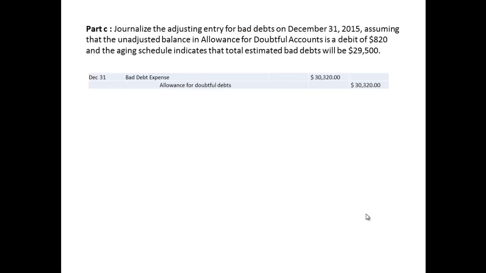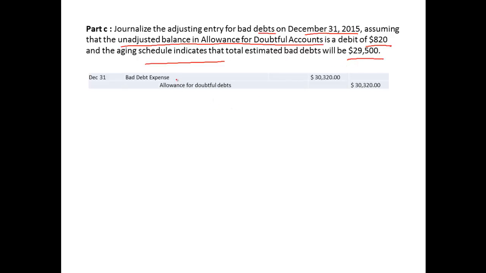Now, coming to part C, journalize the adjusting entry for bad debts on 31st December 2015, assuming the unadjusted balance in allowance for doubtful accounts is a debit of $820, and the aging schedule indicates that the total estimated bad debt expense will be $29,500.